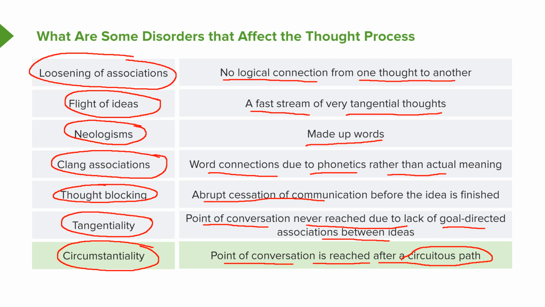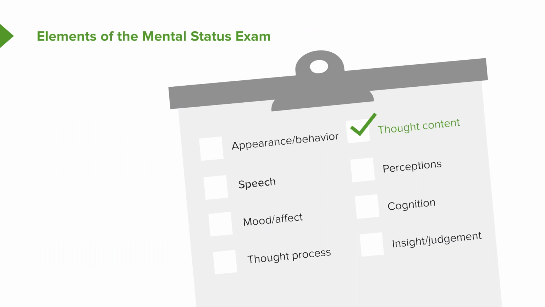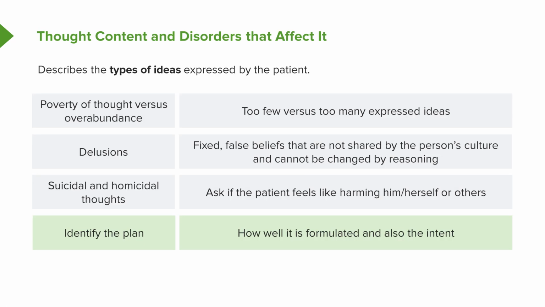So the thought content is an important piece to the mental status examination as well. There are different things to keep in mind, different types of ideas that are expressed by the patient.